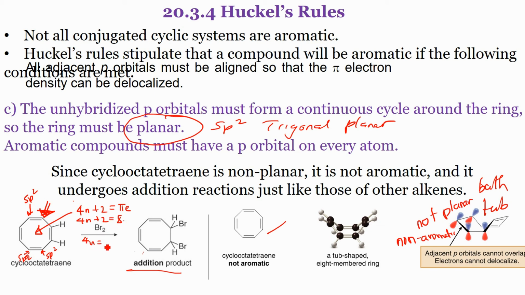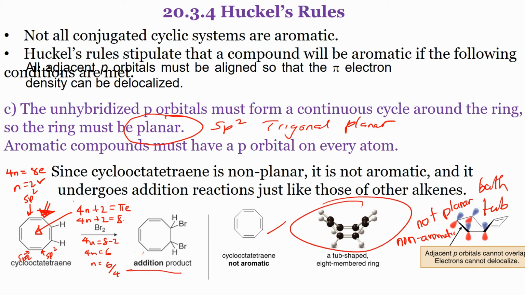So 4n equals 6, n equals 6 over 4. That's a fraction, so it fails the fourth rule. If you test it with the 4n rule, 4n equals 8 electrons, n solves to 2. It passes the fourth rule, but it's failing planarity, right?